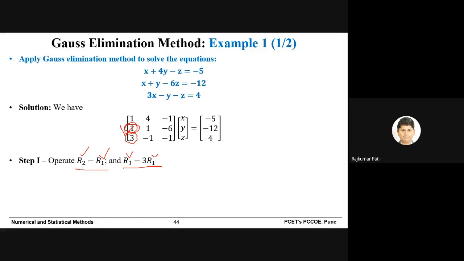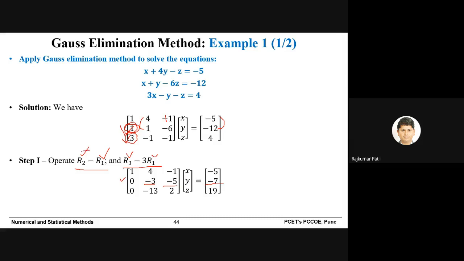So perform R3 minus 3R1 to make A31 equal to 0. Once you perform that, 1 minus 1, you will get 0. 1 minus 4, you will get -3. -6 plus 1, you will get -5. -12 plus 5, you will get -7.